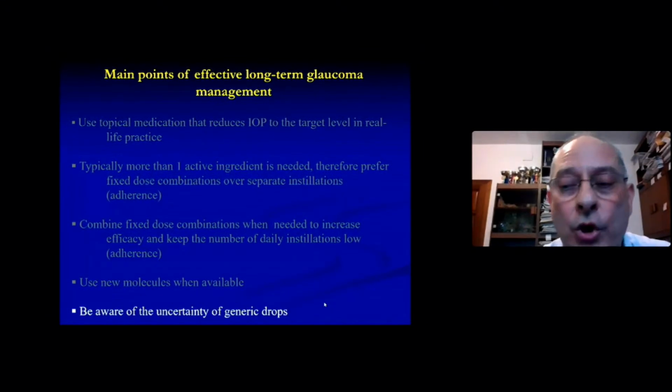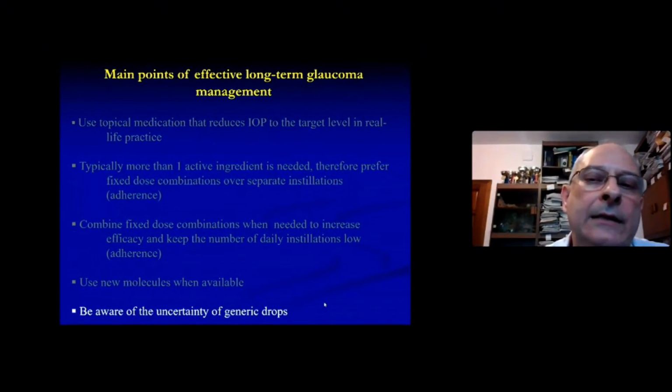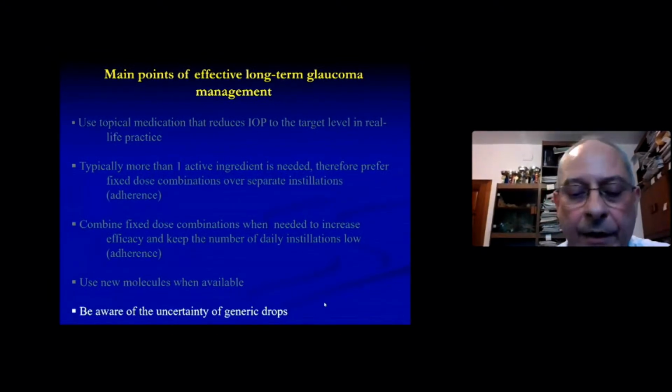So you may not be sure whether the generic medication you prescribe one month, and another one the next month, perform equally well for glaucoma, whether the tolerance is the same, since the added ingredients, pH, osmolarity, and several other things vary a lot across the medications, and even the packaging is different.